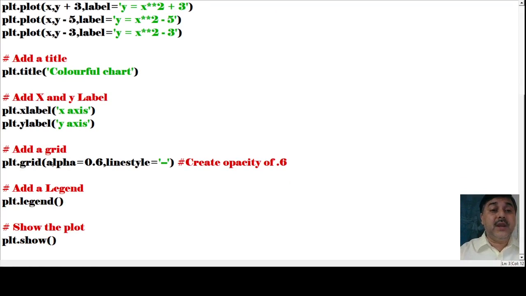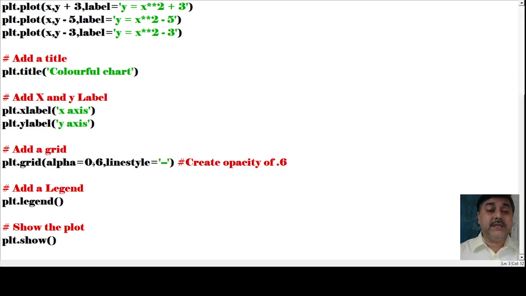For the gridding, see here, grid alpha equals 0.6. That means slowly, if you want to increase the thickness of the background graphical lines that have been drawn, you can do that with this, and the line style is a dash, isn't it? So this is what you can see has worked here.